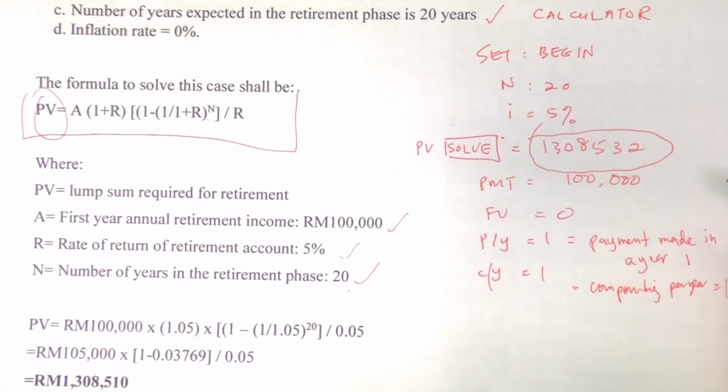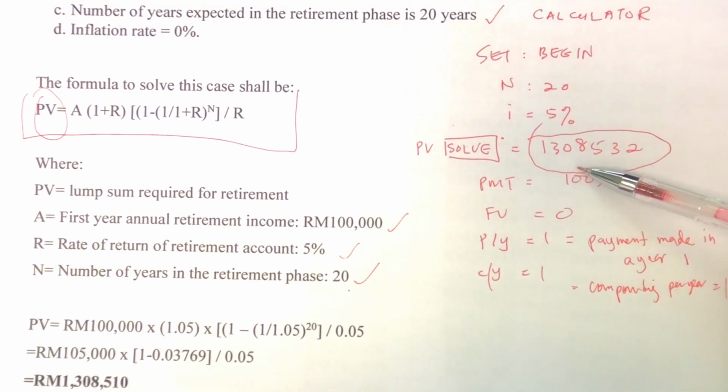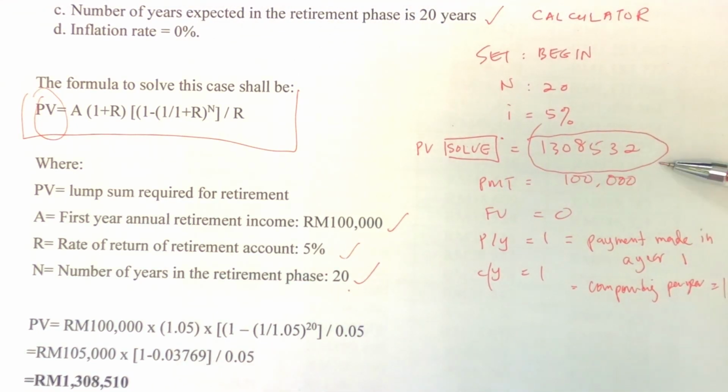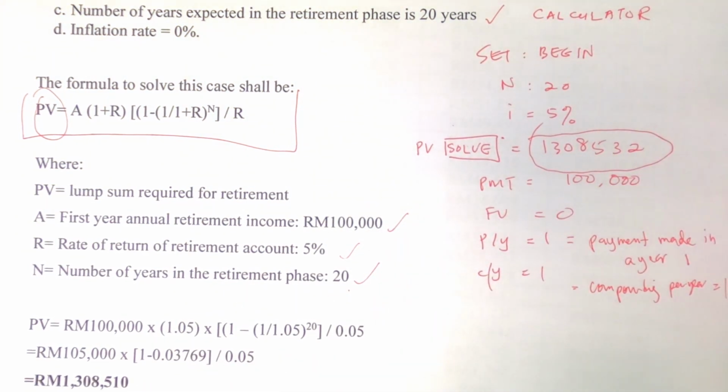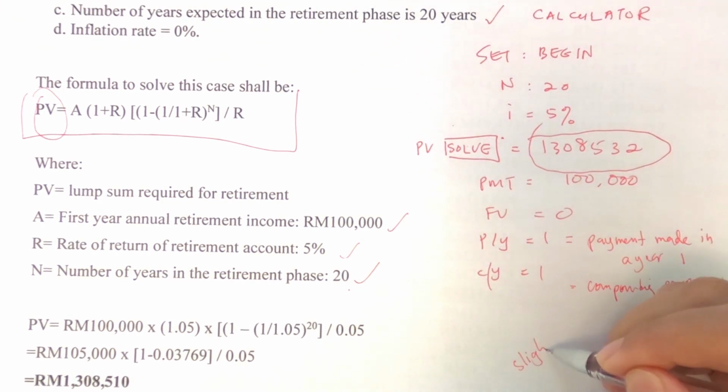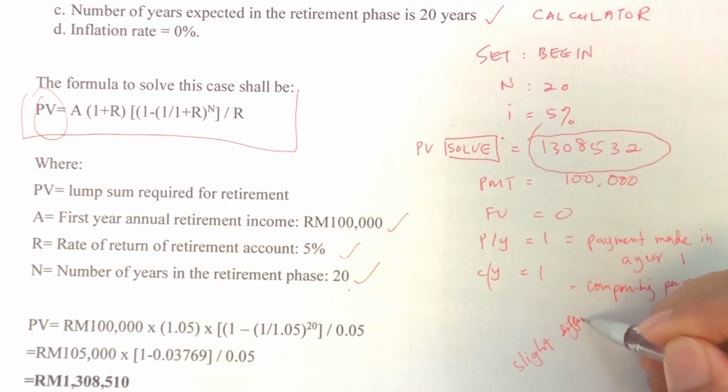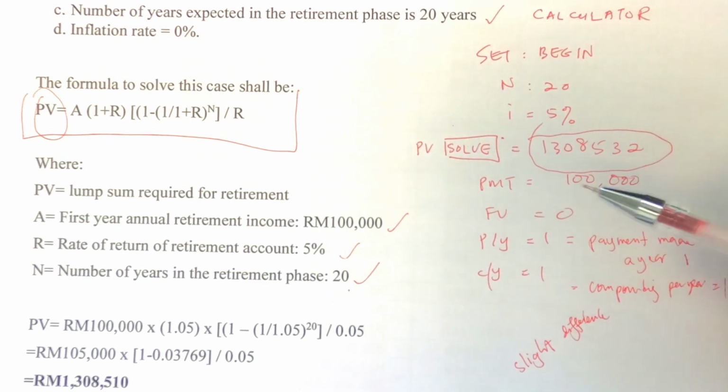If you check the answer here, 1308532, and the answer from the formula, 1308510, there's a slight difference.